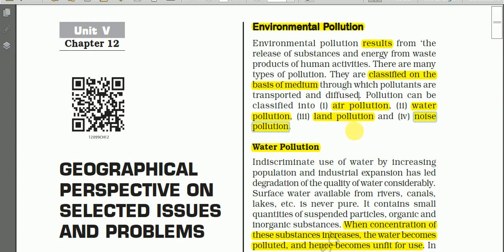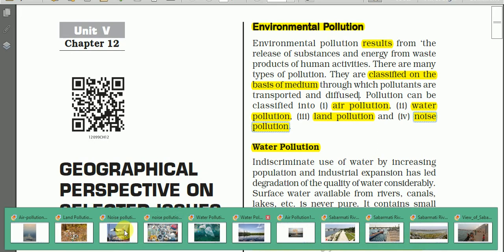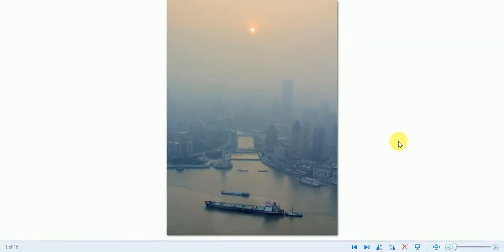Now let us see some photographs. I think most of you are familiar with these types of pollution. And see what this photograph shows. This is about air pollution. I think you will be knowing here because of air pollution, see the sky.